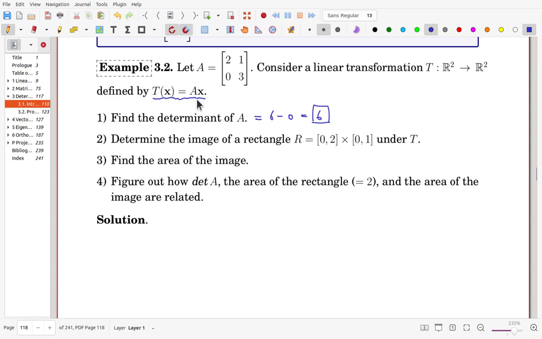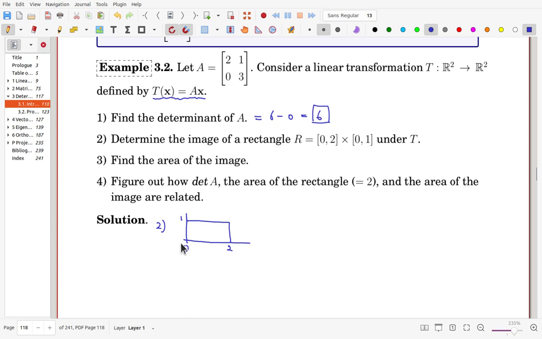Matrix multiplication is a linear mapping. So a line goes to a line, a corner goes to a corner. So here for part B, we try to visualize the domain, the rectangle, that is 0, and that is 2, and that height is 1.